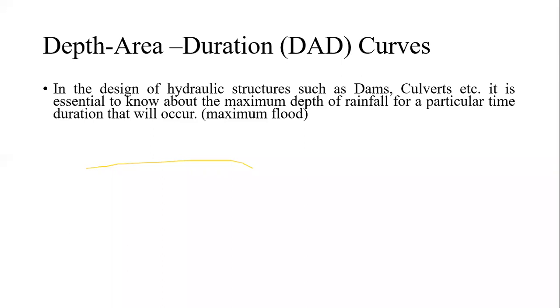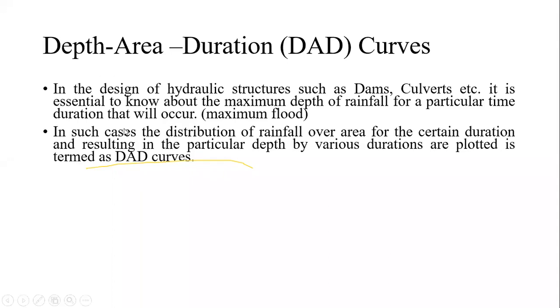If you find the peak in the mass curve, you will be able to find out the intensity for that particular time duration, isn't it? So we got the intensity now. From that, you will get the depth, and then plot it against the area. The duration also we got therein.